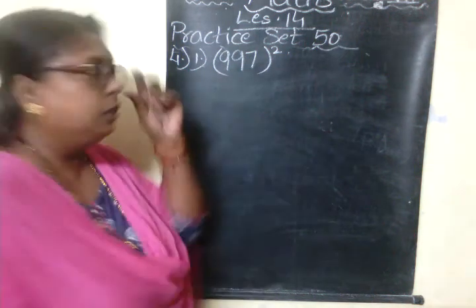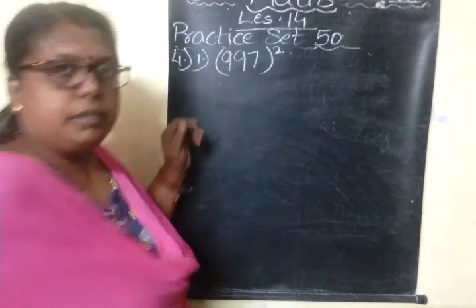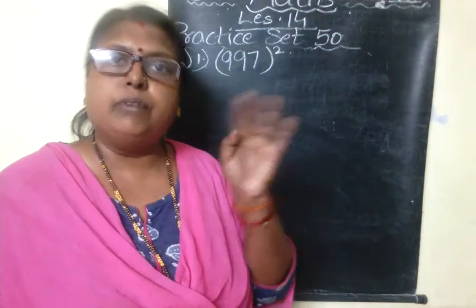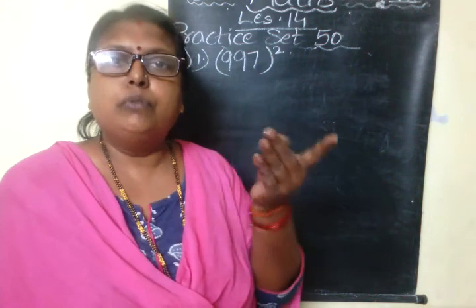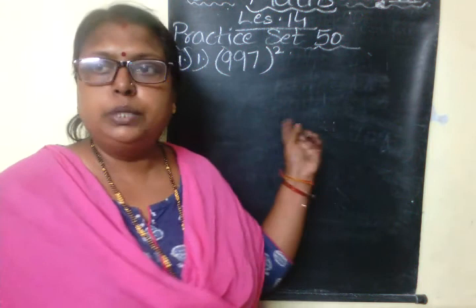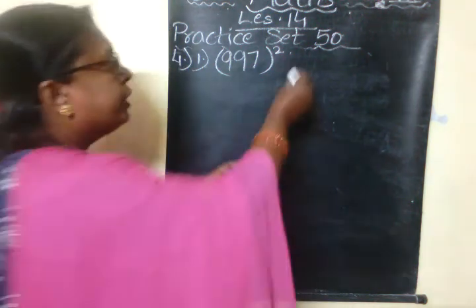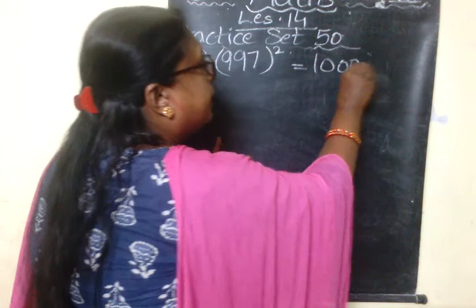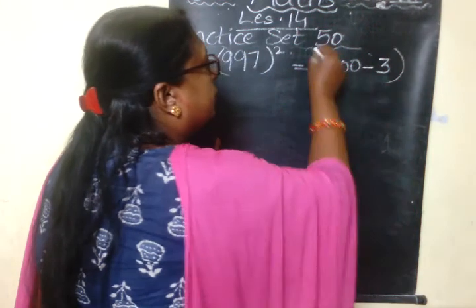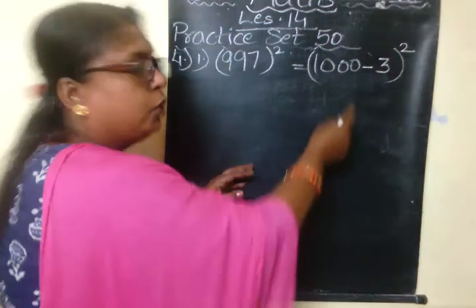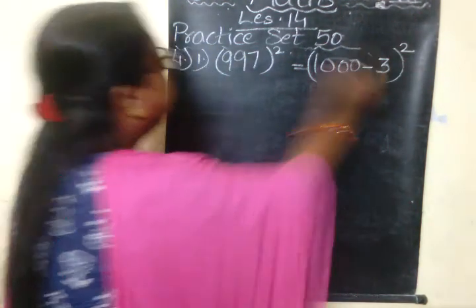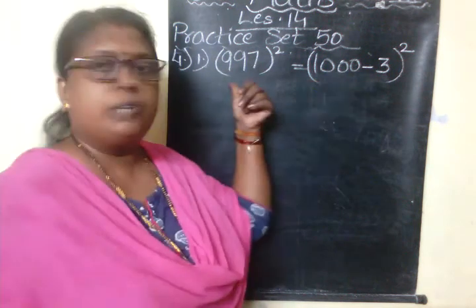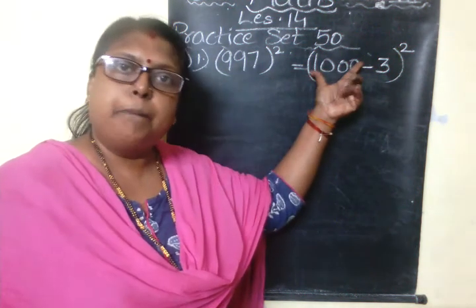So this number you have to first convert into binomial. Now how to convert? 997, after 997, 998, 999 and 1000, right? So 1000 is near to 997. So what you can do is 1000 minus 3 the whole square, because 1000 minus 3 is 997, and by writing this we have converted this number into a binomial.